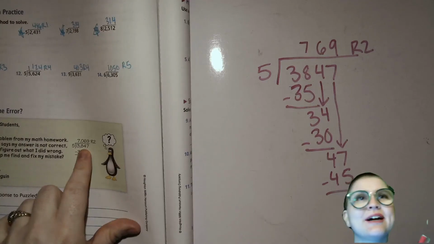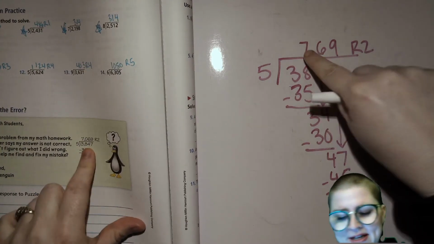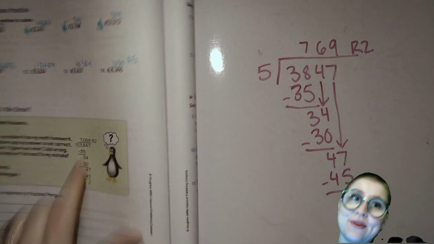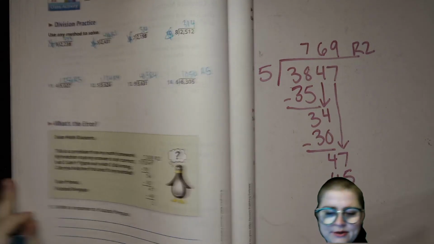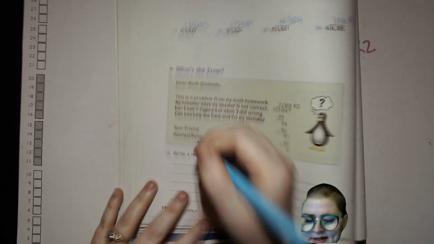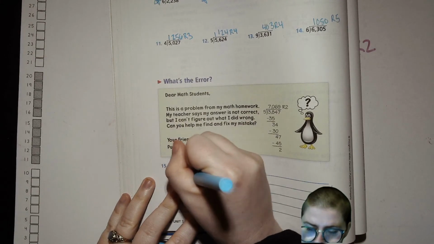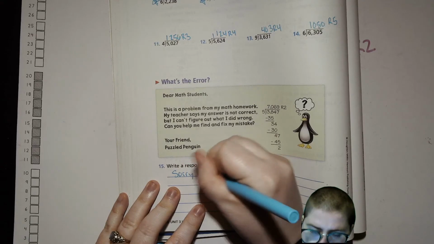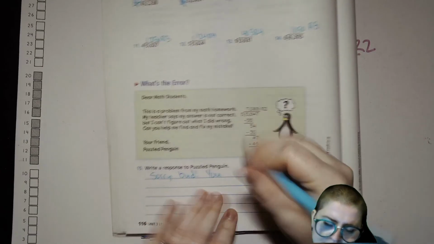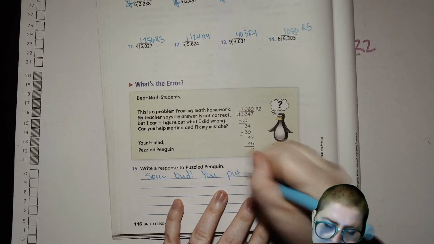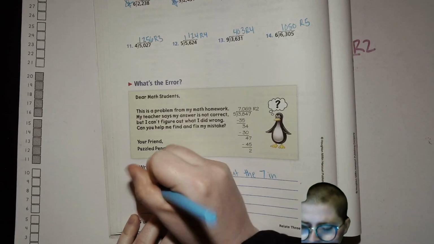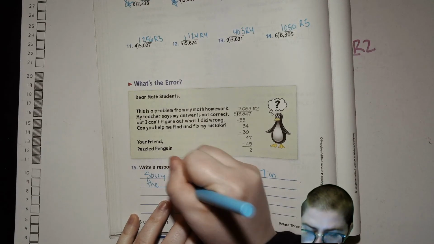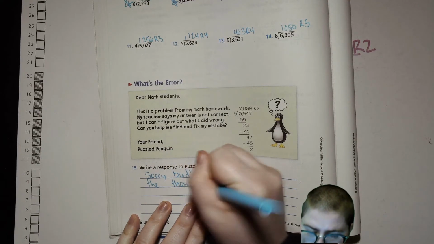So they got confused about the place value and they wrote 7 in the thousands place rather than the hundreds place. So let's write that down. Okay. Sorry, bud. You put the 7 in the thousands place.